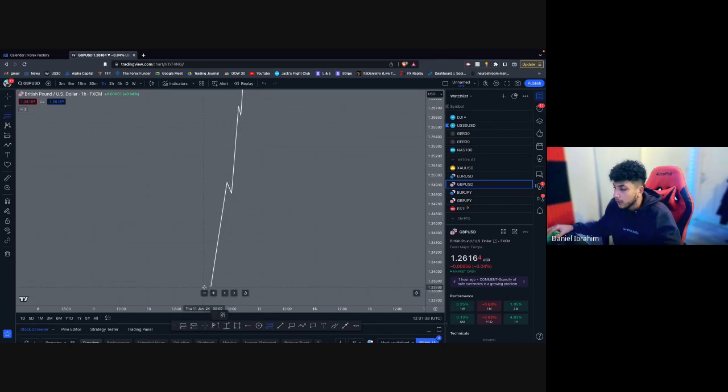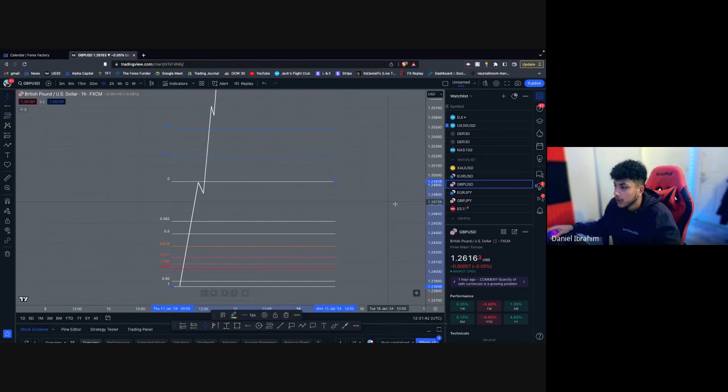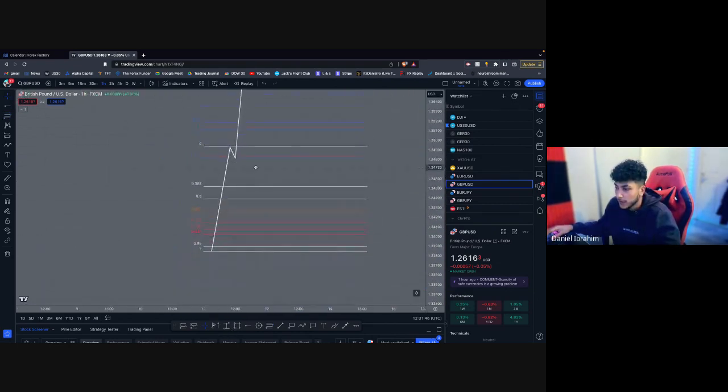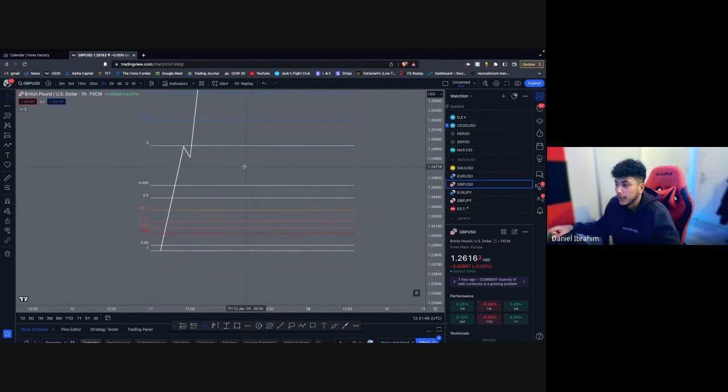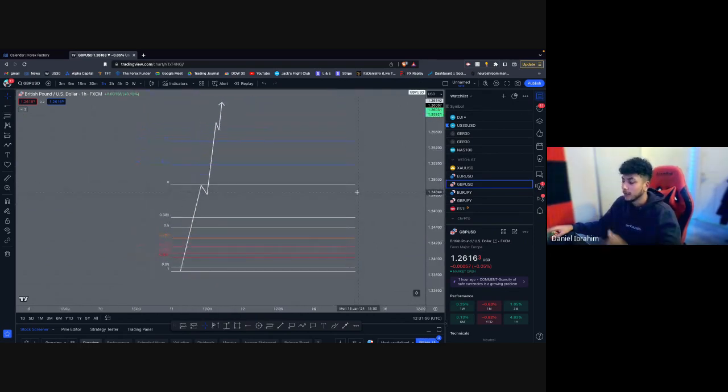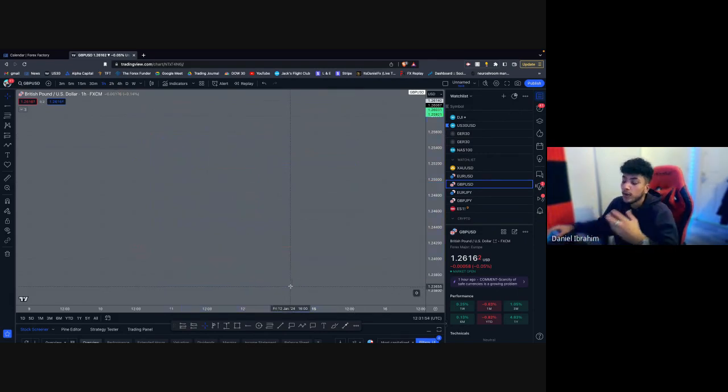So with fib on a market like this, you draw out your fib, wait for the retracement, never get it, and it just pushes off. It's not ideal for a market that's super high volume. It's much better for slower moving instruments that have deeper retracements.